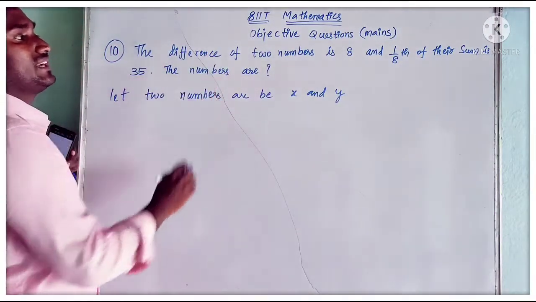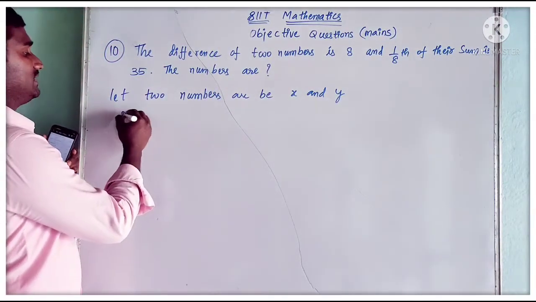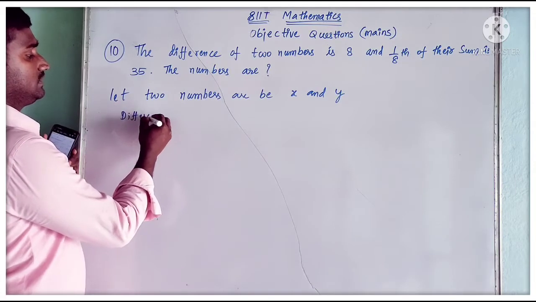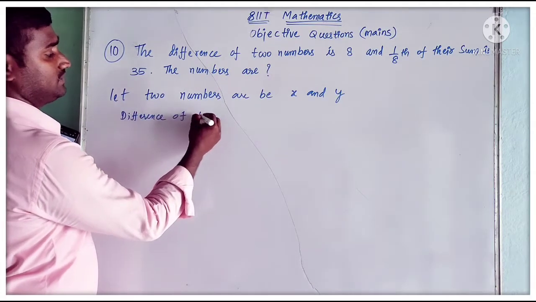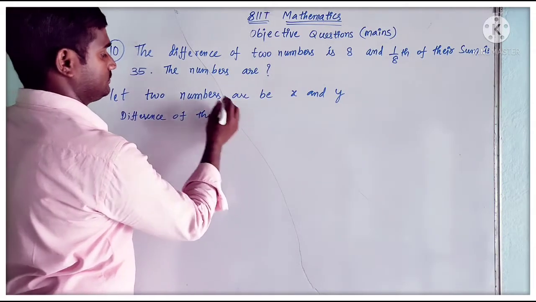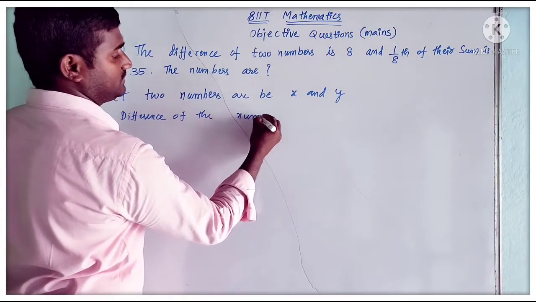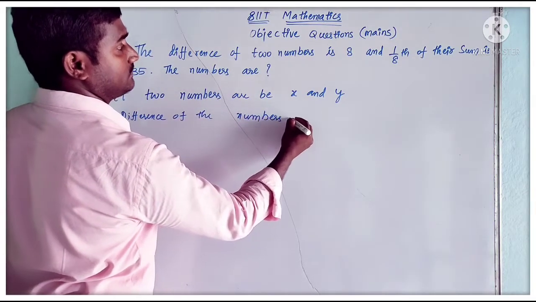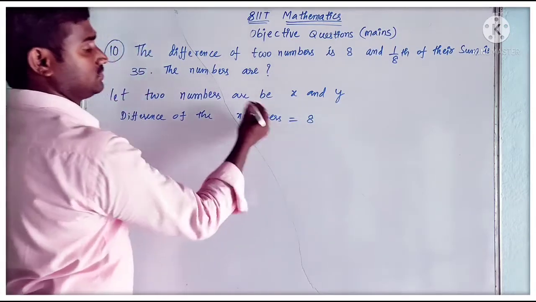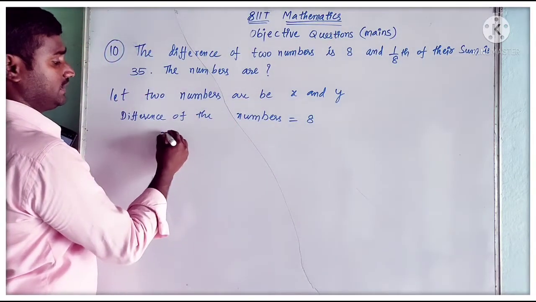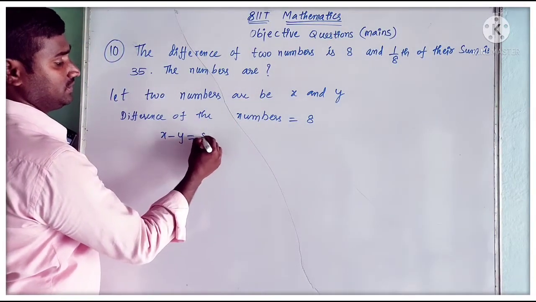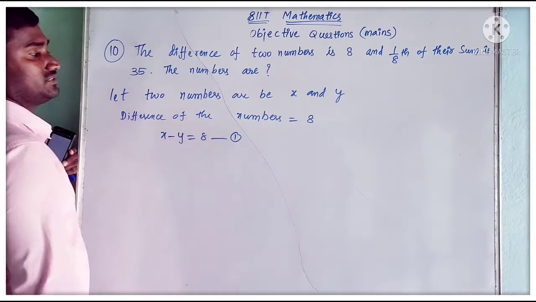The difference of the numbers, how much is given? Equal to 8. Difference means we write x minus y equal to 8. Consider this as equation 1.